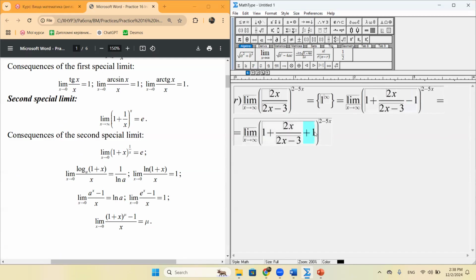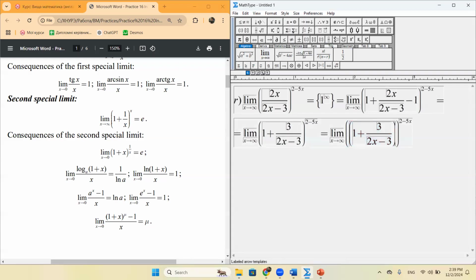So if I subtract 1, I will receive 2x minus 2x plus 3, so 3 here. And now we can transform into the second special limit, performing the following actions.